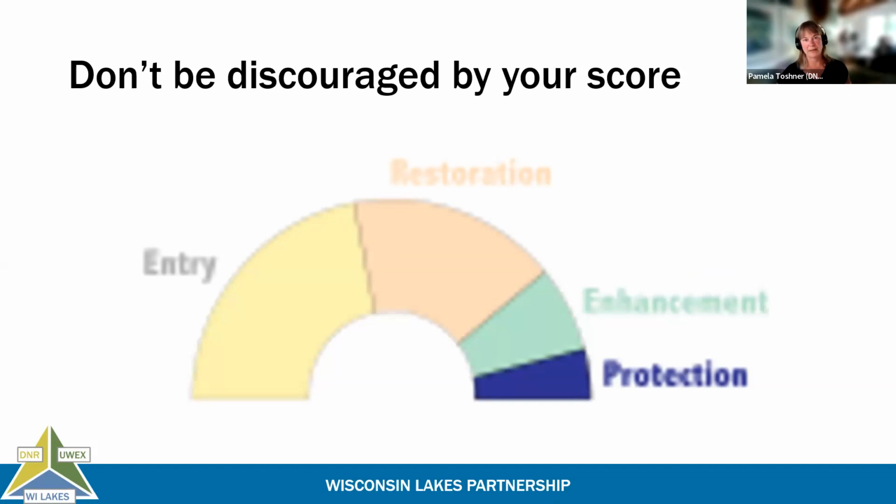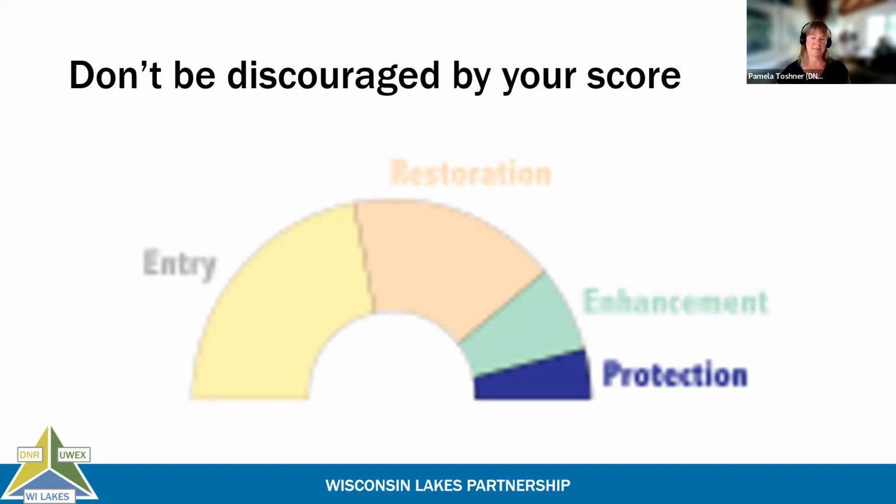In our first webinar, some people didn't understand why they maybe didn't land in the protection category, and that category is really science-based, and it's going to be difficult for people to get a protection-based score because it's essentially protecting wild, natural, and potentially undeveloped shorelines.